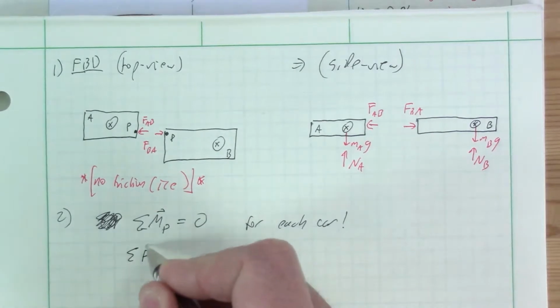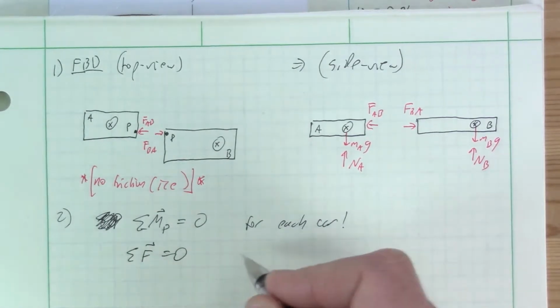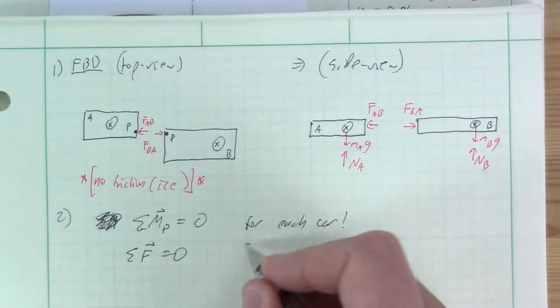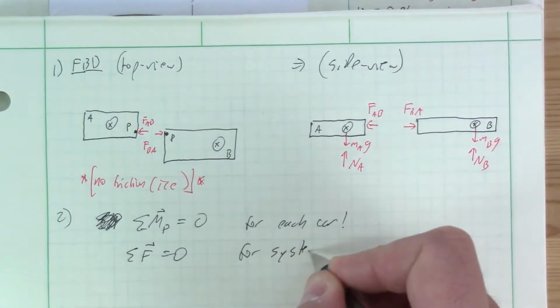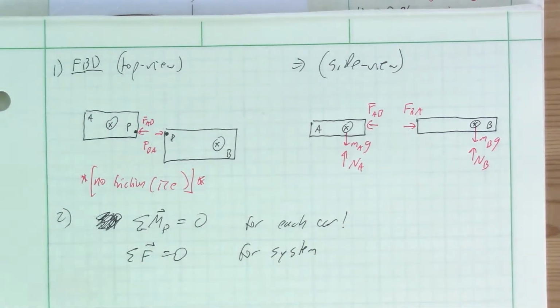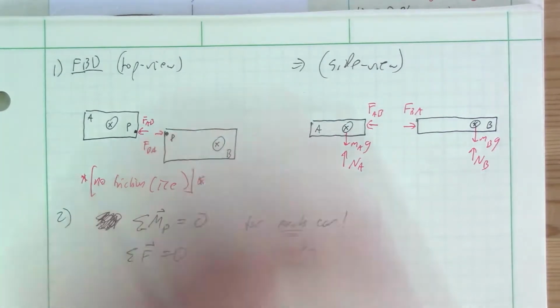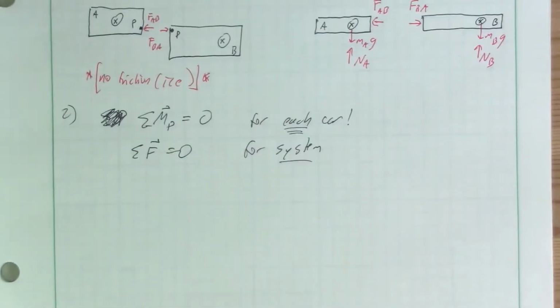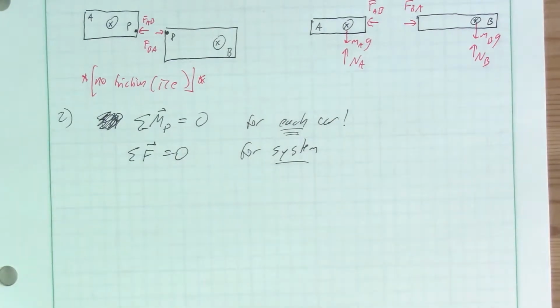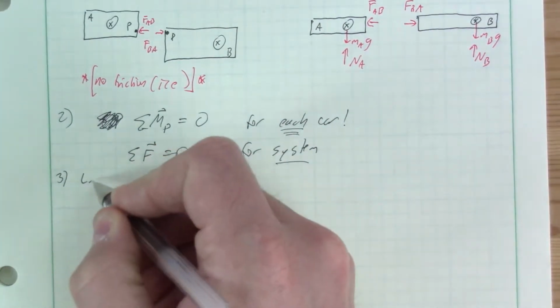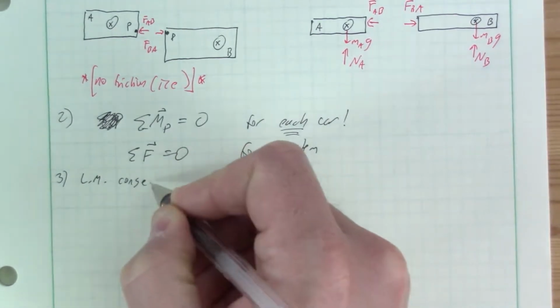And then we'll sum forces to 0, and that's a true vector for the entire system. All right, so we do have both linear momentum conservation and angular momentum conservation. So let's take linear momentum conservation first.